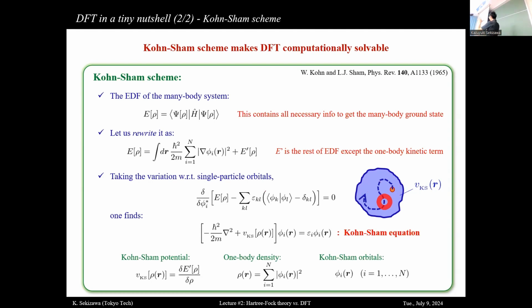So all the nucleons or all the particles generate the mean-field potential, and each particle occupies a single-particle state inside this potential. This is very similar to the Hartree-Fock case, and DFT also provides a mean-field picture in the description.